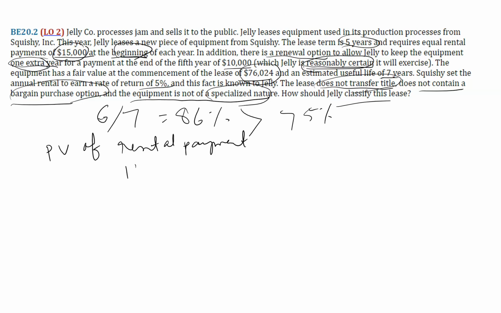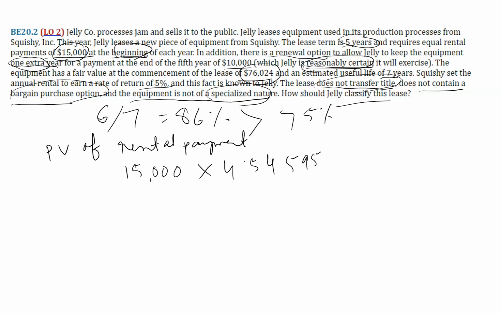This is $15,000, and if you look at the present value of annuity due table for 5 years and an interest rate of 5%, the present value of annuity due factor is 4.4595.